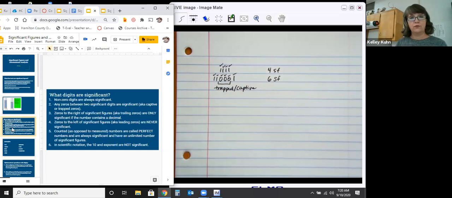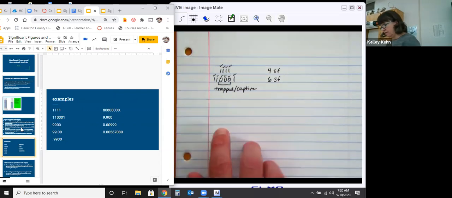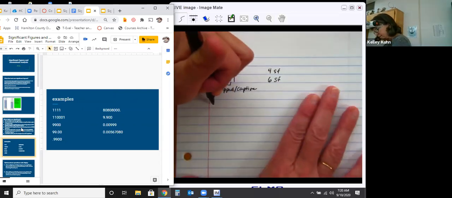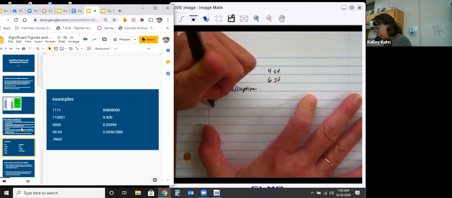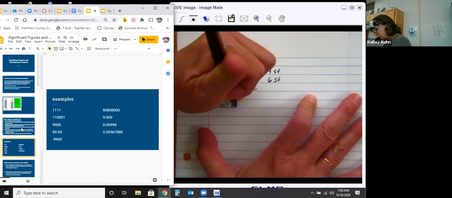Our third rule: zeros to the right of significant figures, which are called trailing zeros, are only significant if the number contains a decimal. Before I look at one in your book, let me give you a real world example.